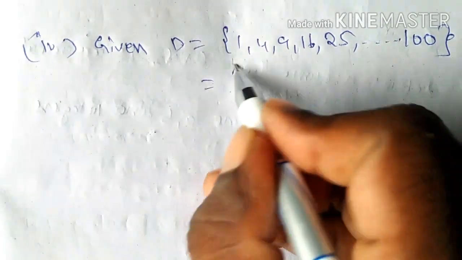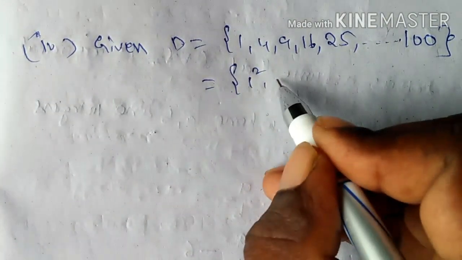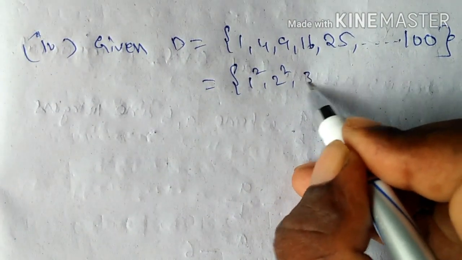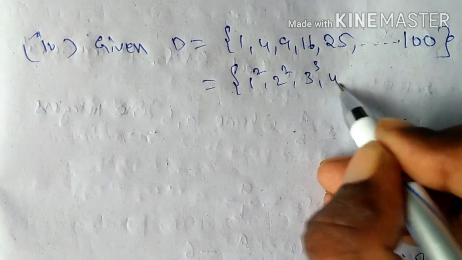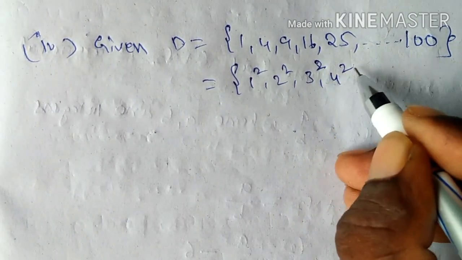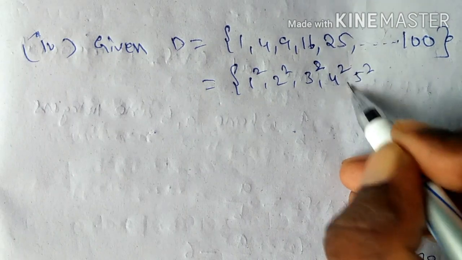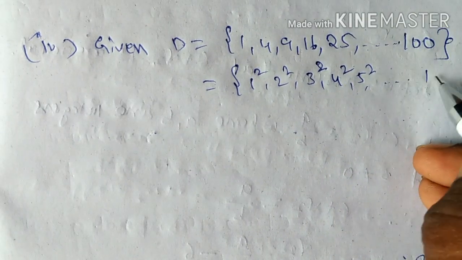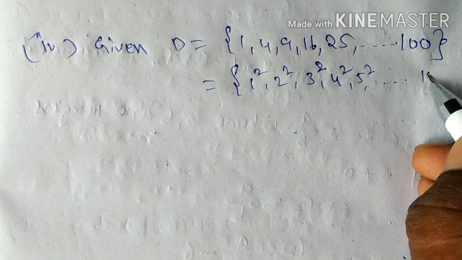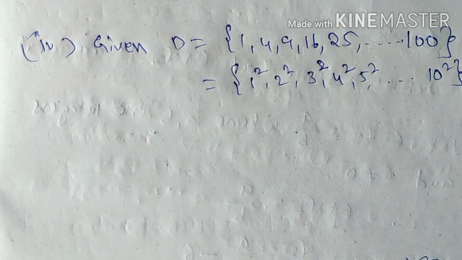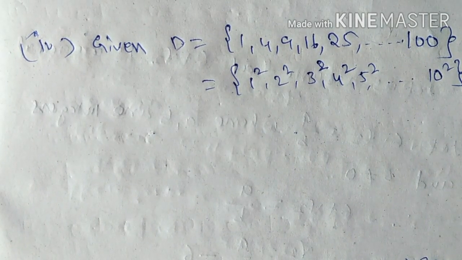So how can I write this one? 1 square, 2 square, 3 square, 4 square, 5 square, dash dash, 10 square. 10 square means 100. So what are the numbers present there? Which are the square numbers? These are square numbers.